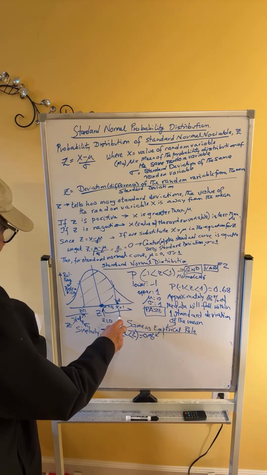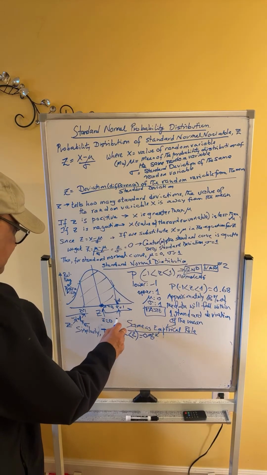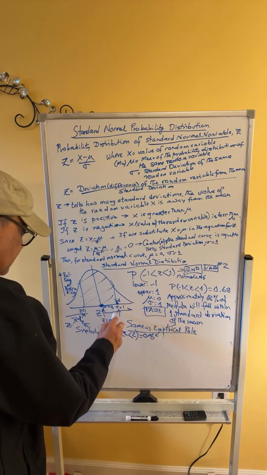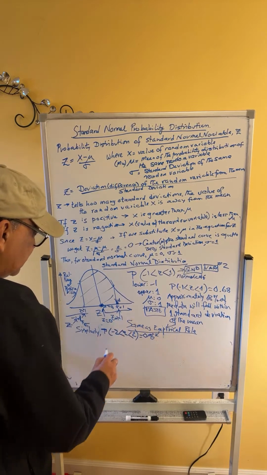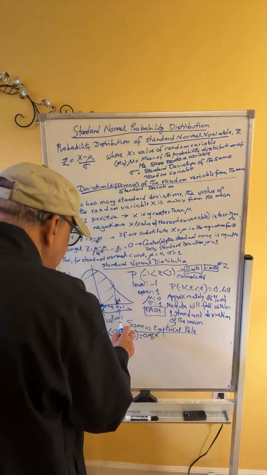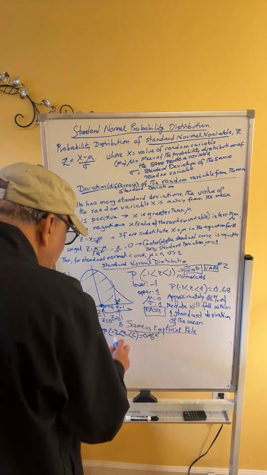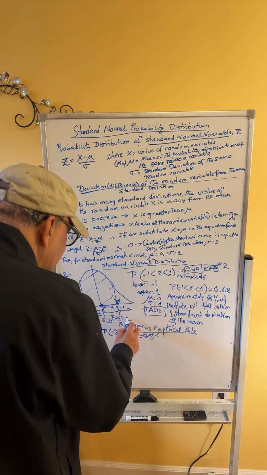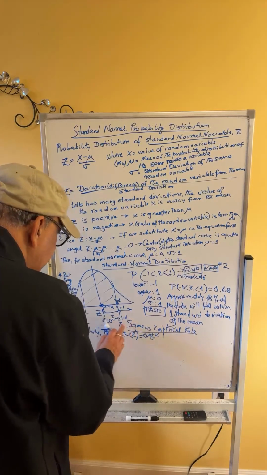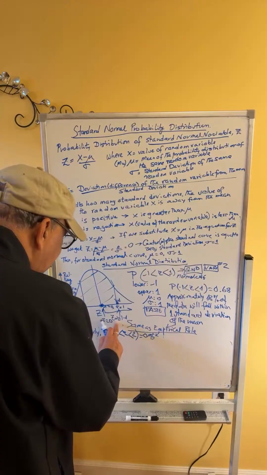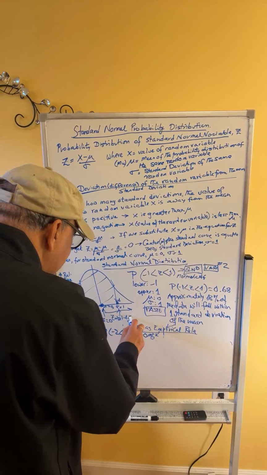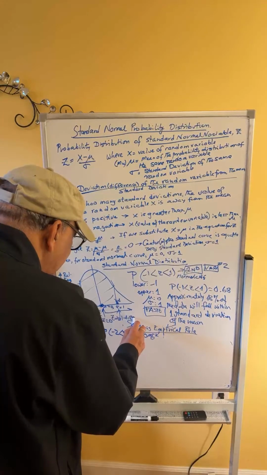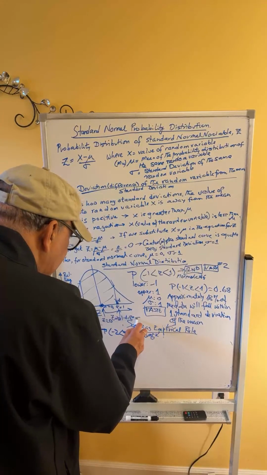So for any of these points, again, z is 1, which is the z value, times 1. Any of these points can be thought of as the z value multiplied by the corresponding sigma value.